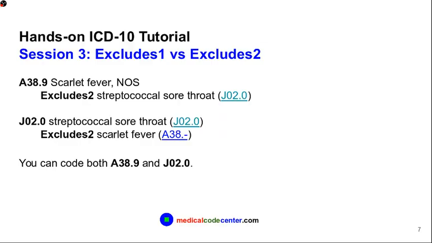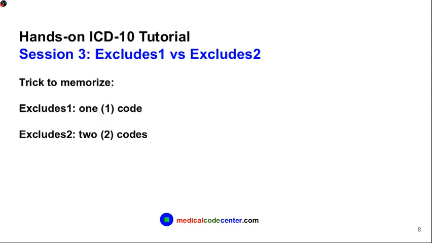So we finished all 4 examples. Make sure you go through your codebook and look for those codes in the examples. Finally, I just want to tell you a trick to memorize this, because when you first try to learn Excludes1 and Excludes2, you kind of forget which is which.